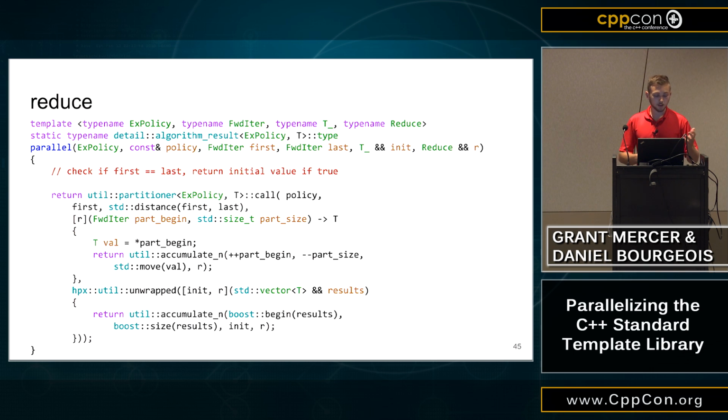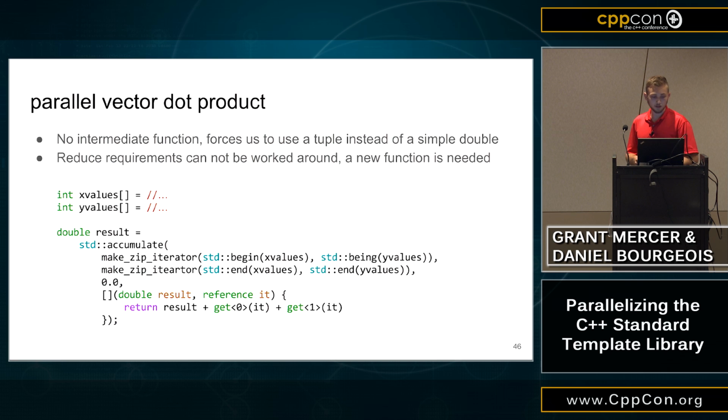An interesting thing that we had with reduce actually was that we had a coworker come in when we finished some of these algorithms, and she needed to write a benchmark that computed the vector dot product in parallel. And what was so interesting is that she said, okay, we can go ahead and use reduce, for example, because if you were to do this sequentially, let's say you have an array of x values and an array of y values, to accumulate a dot product of this, it would be really easy.